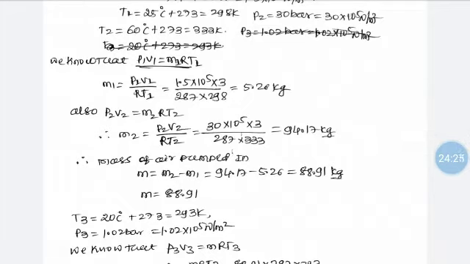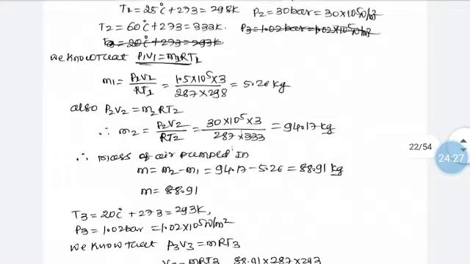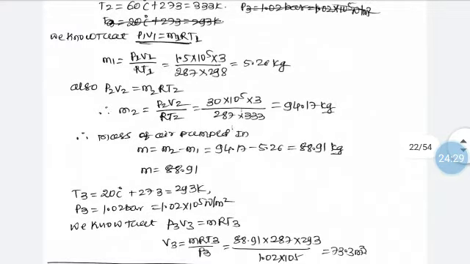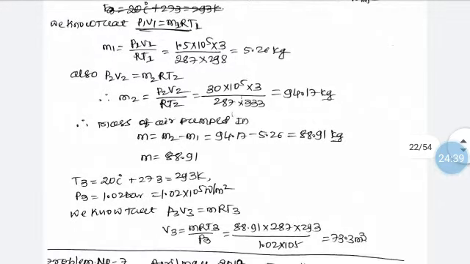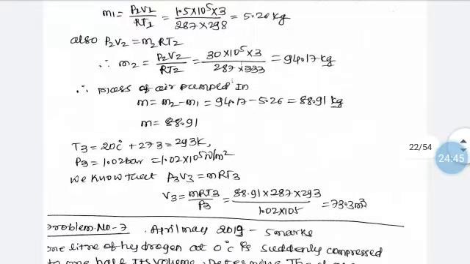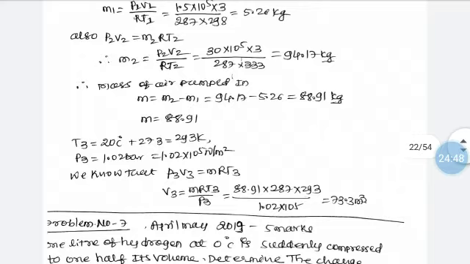So M2 we get 94.17 kg. The mass of air pumped is the additional air. The initial mass of air was M1, so the mass of air pumped is M equal to M2 minus M1, that is 94.17 minus 5.26, equal to 88.91. So M is equal to 88.91 kg.